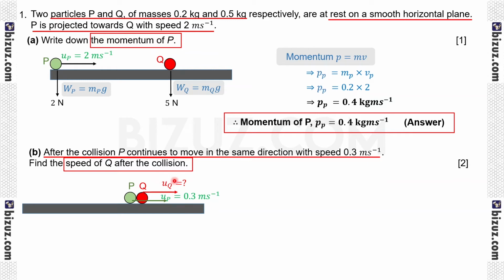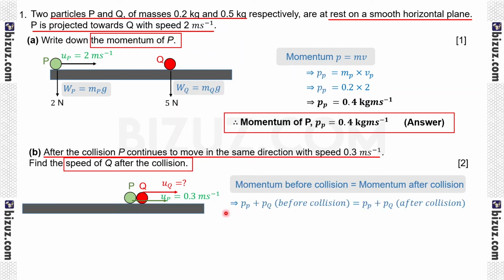Now we know that momentum should be conserved. So using the rule of conservation of momentum, momentum before collision should be equal to momentum after collision. Momentum before collision is momentum of P before collision plus momentum of Q before collision, and after collision, momentum of P after collision plus momentum of Q after collision.